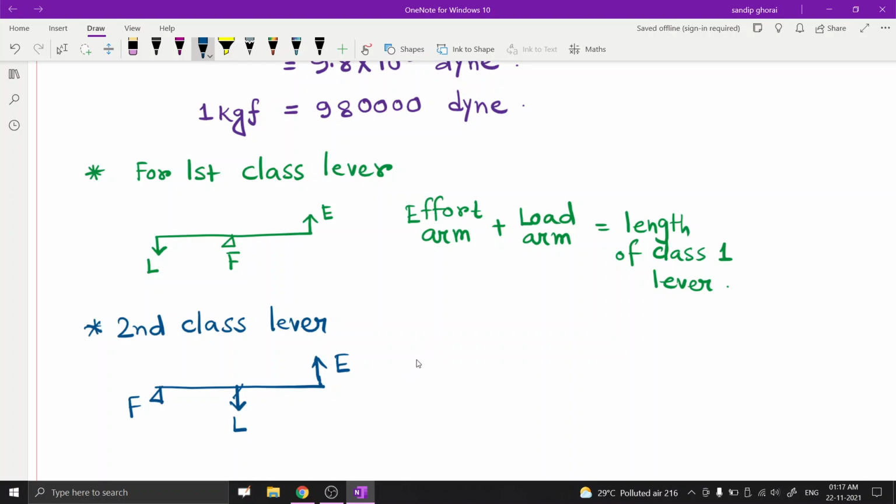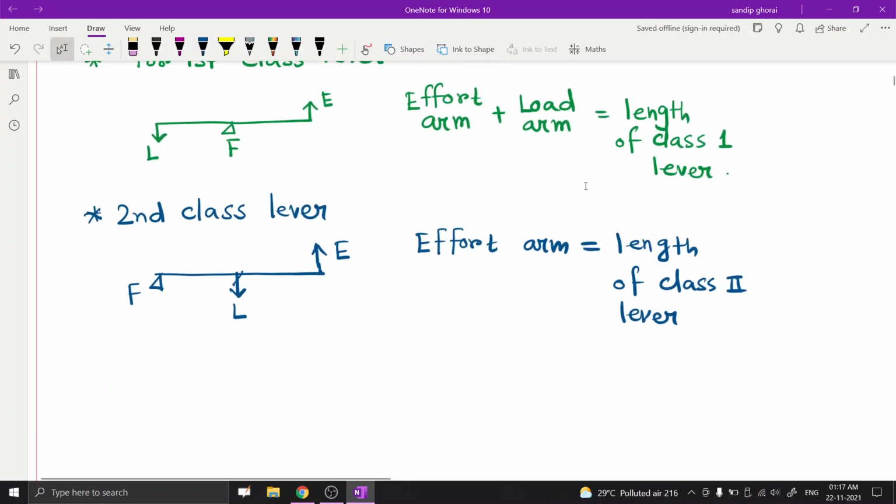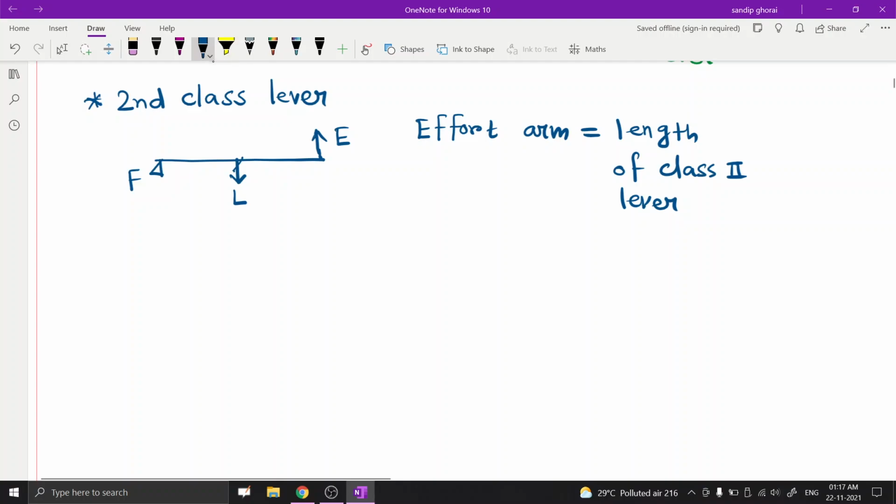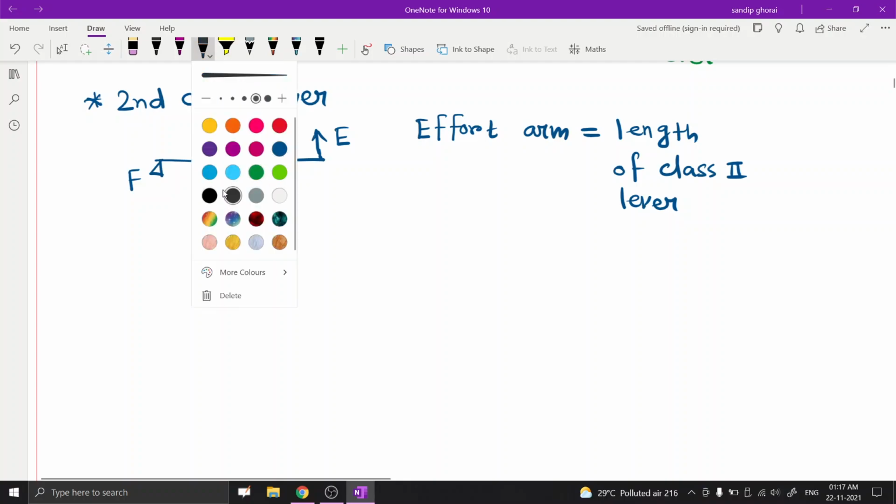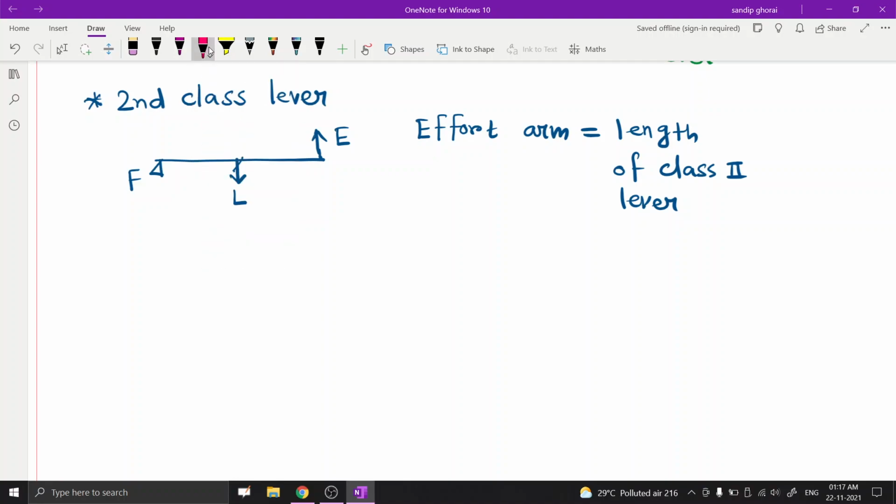So here the effort arm is equal to the length of the class 2 lever. And if we take the third class lever, what do we get?